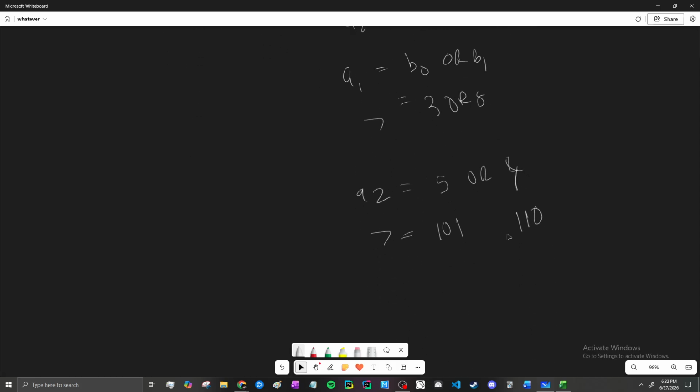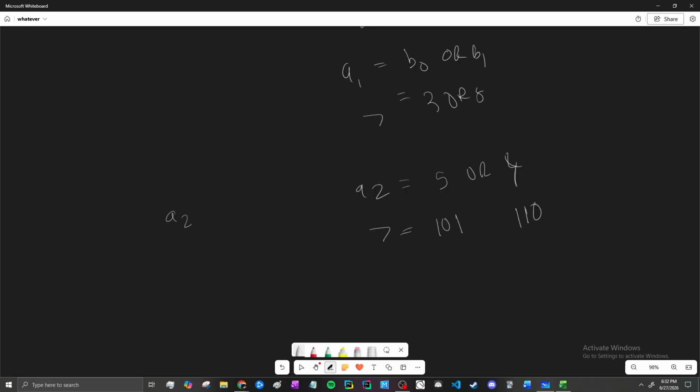This isn't 5. And you go here, A2 and A1, which are both 7. So this will give you 7. But this is not equal to, I believe, what is it? What's the question? So A2, A1.